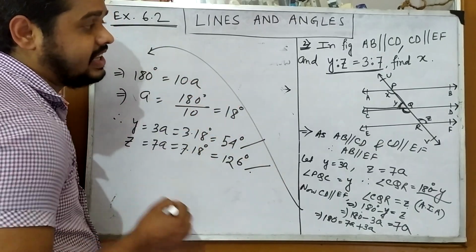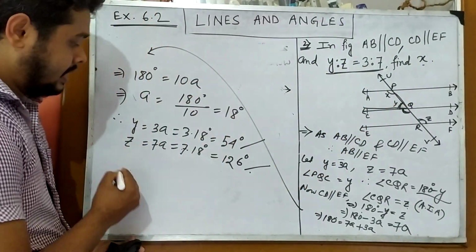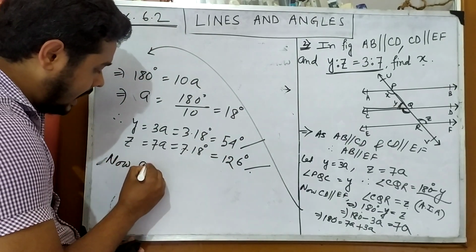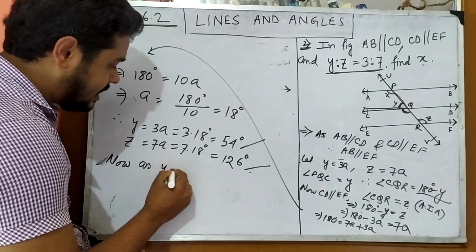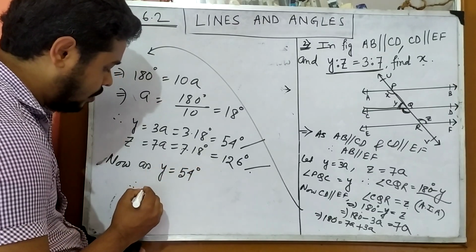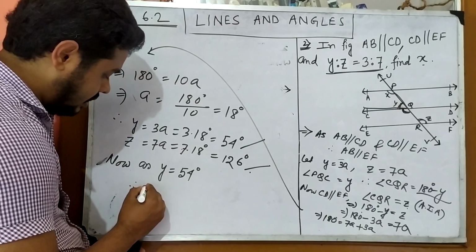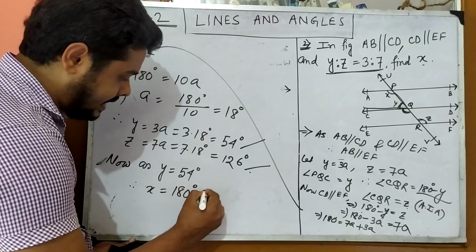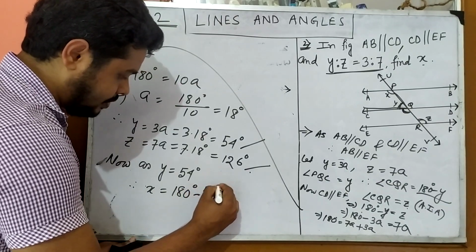But we have to find the value of x. Now as y equals 54 degrees, therefore x equals 180 minus 54 degrees.